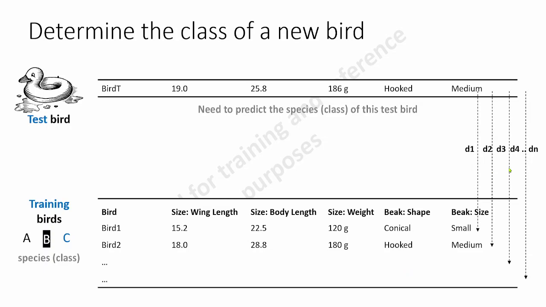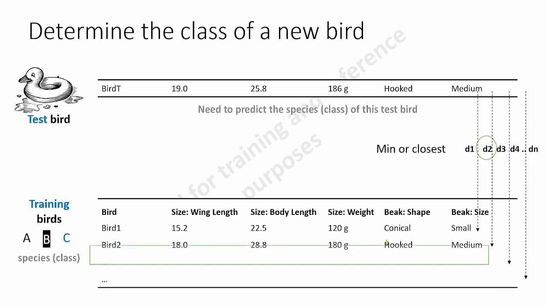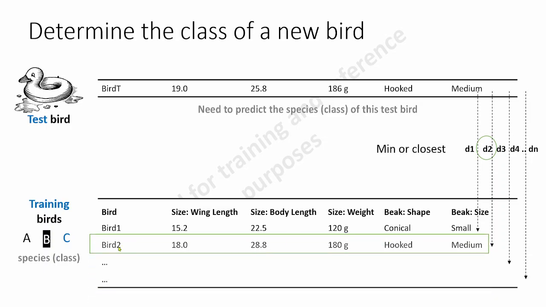Out of all the distances, we will pick the minimum, or the closest one. Let's say this is the closest one. That means the test bird is similar to sample 2 that you have here. So whatever type is assigned to sample 2 would also be assigned to the test bird.